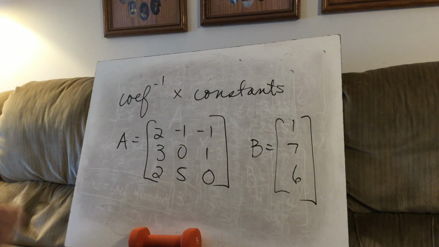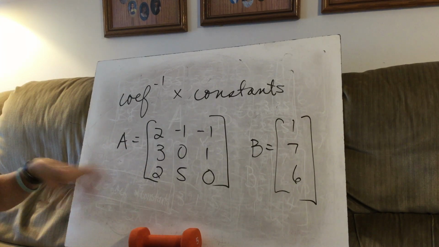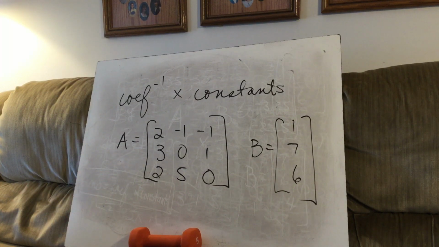So now I'm going to put these two into my calculator. So I go back to second matrix, click across to edit, still a 3 by 3. Remember, whenever you finish putting in any matrix at all, you hit second quit and then start over.